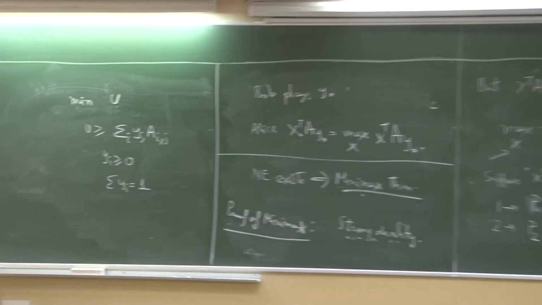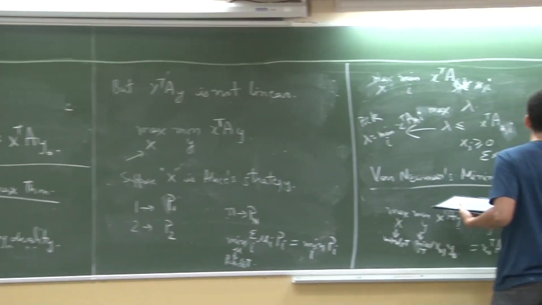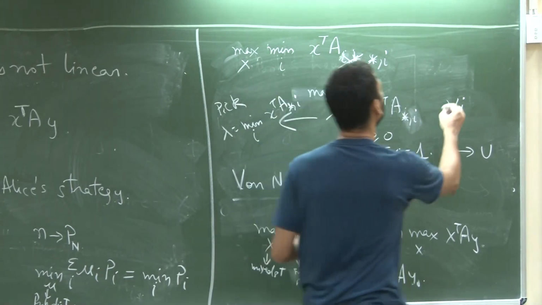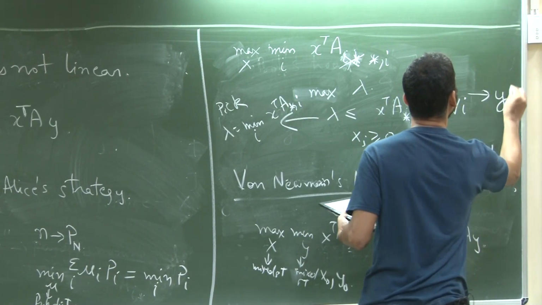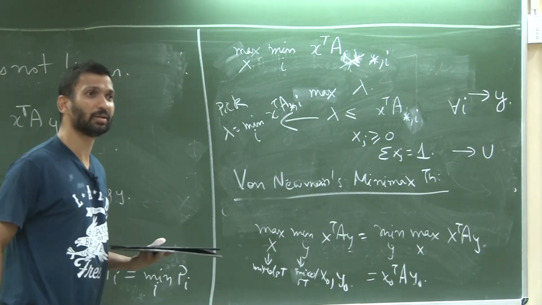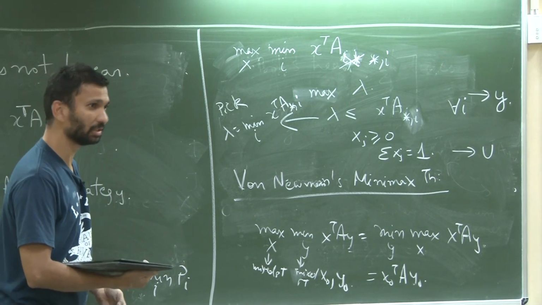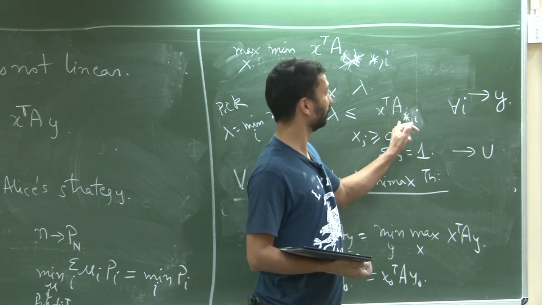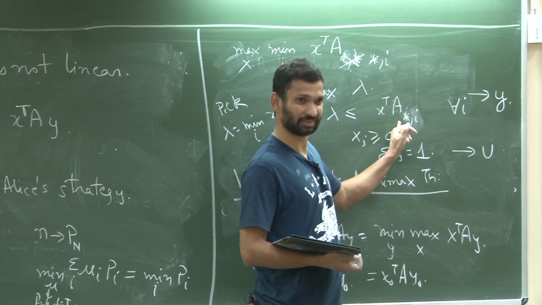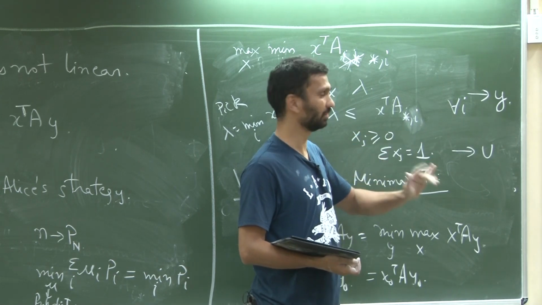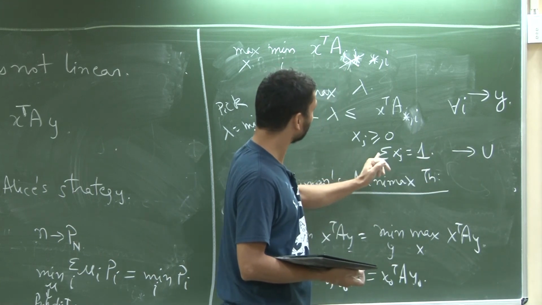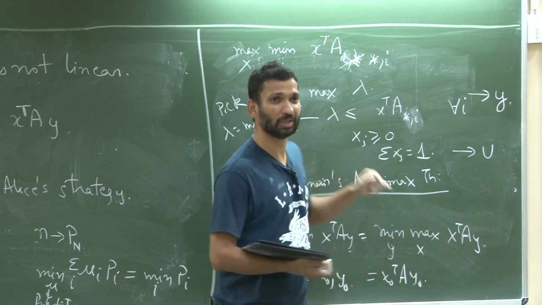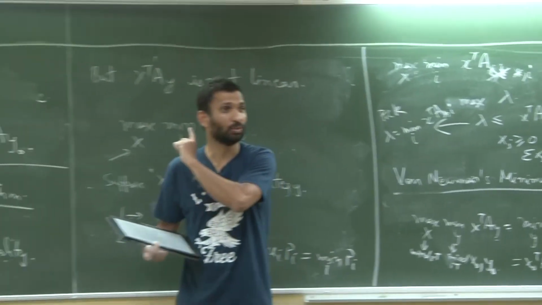So, u is the multiplier here. y's are the multipliers here, right? What is the number of y's? Number of columns in A. Now, if you sum up for lambda, you will get summation y_i equal to 1.